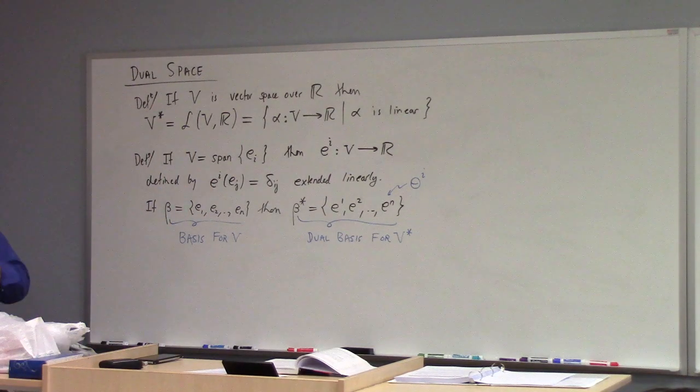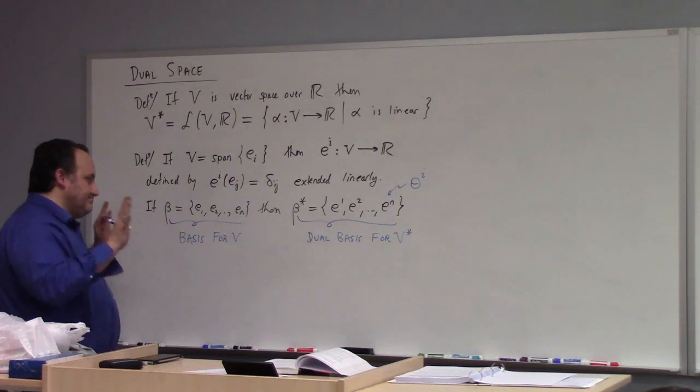So that's to translate the notation. But I know I've used E upper i in much of what I've written, so I should talk to you about that. All right. Okay.